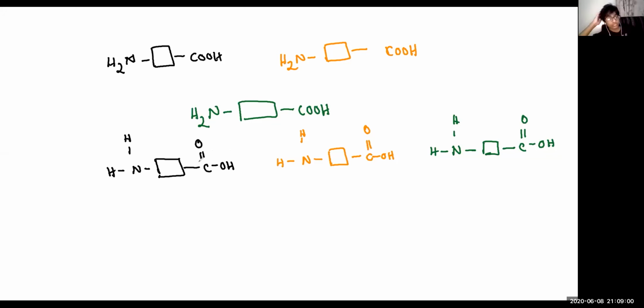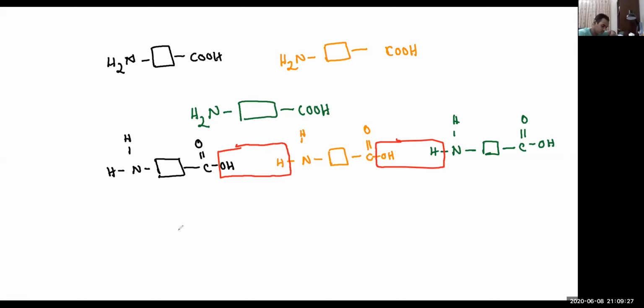From the black carboxylic acid, what is going to go away? OH. And from the orange amine, H. From the orange carboxylic acid, what's going to go away? OH. And from the green one, H. Shabash. So from the black amine group, what's going to go away? H. And OH from the green.